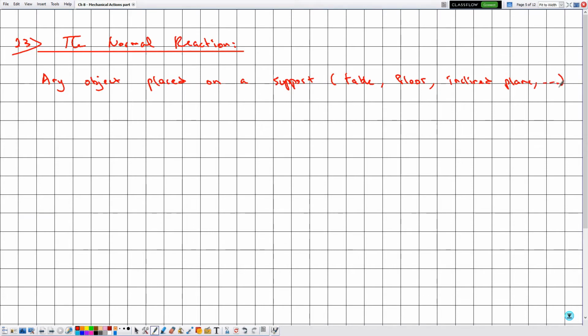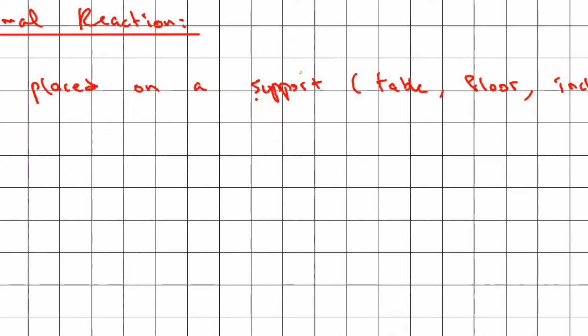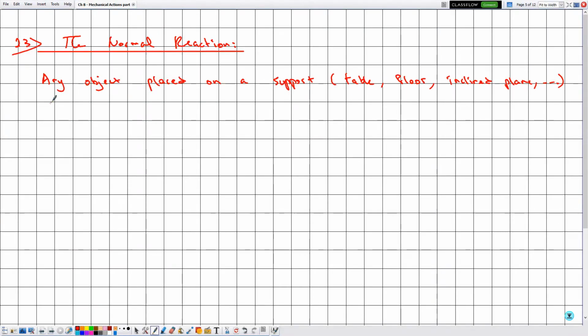So anything that is preventing a solid S from falling down, which is giving a support, is subjected to a force preventing it from falling down.